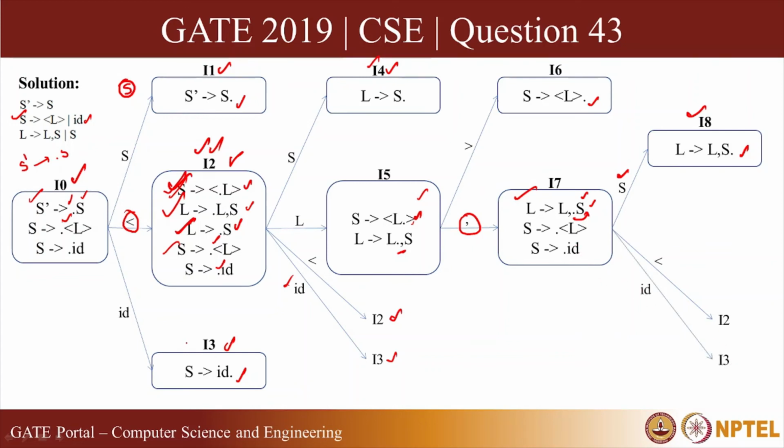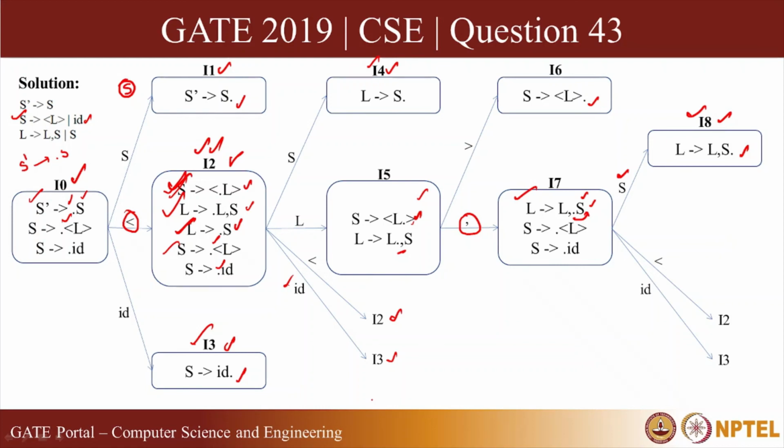Here is the I3, so there will be a direct path, but we can just write it like this. Here we are already at the end, because we won't go further for I8, and I2 and I3 are already taken care of. So this is the overall parsing method for this grammar.